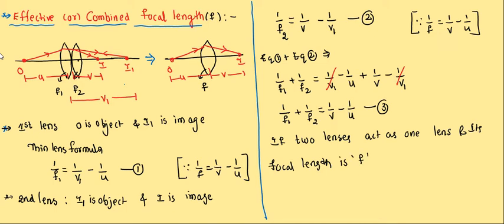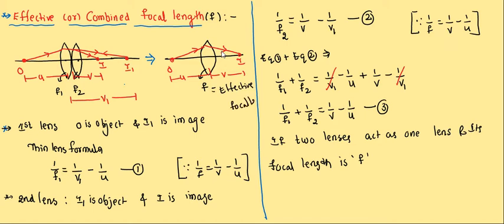This is the effective focal length. Here are the two lenses you see in the picture. In the second picture, these two lenses act as one lens here. This is the effective focal length, F, or the combined focal length.